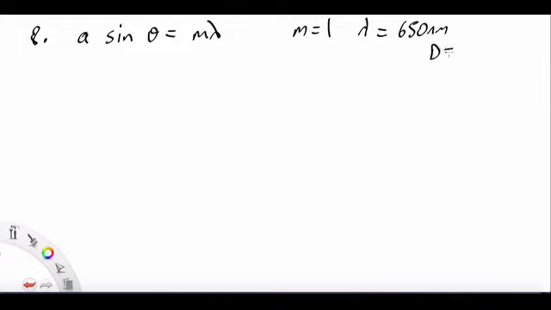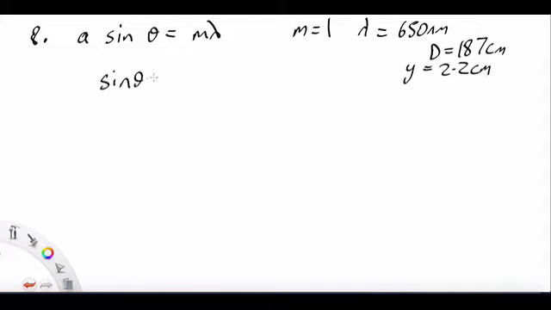And now very quickly, number 8. So we have the same equation for a single slit that we can use for diffraction from a hair, and we've got m equals 1, so the first dark fringe. We have a wavelength of 650 nanometers. Distance to the screen is 187 centimeters, and the distance from the centre to that first dark fringe was 2.2 centimeters.